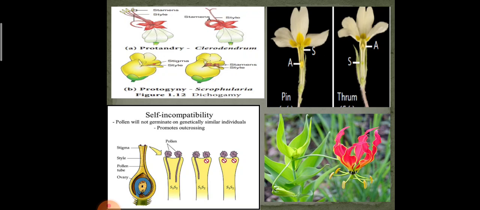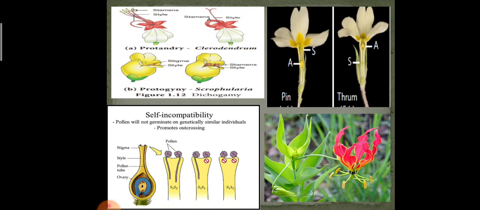The second type is heterostyly. When heterostyly is present, there is formation of pin or thrum head structure. So what is meant by pin or thrum head structure? Here A means anther and S means stigma. In pin, the anther is at the lower side and the stigma at the upper side.